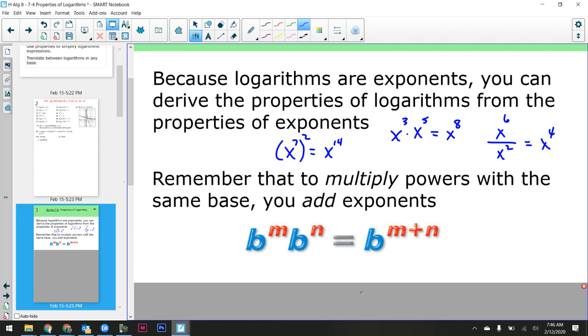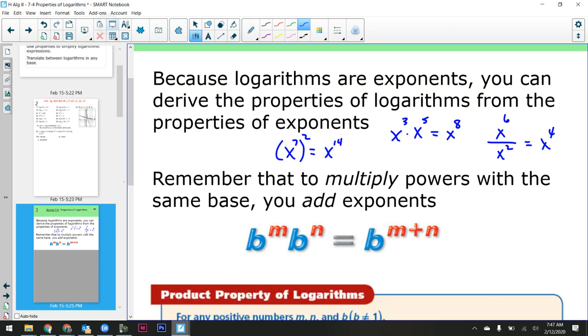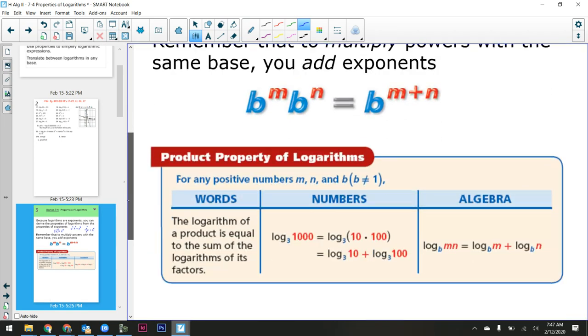B to the m times b to the n is equal to b to the m plus n. Okay, so I'm saying if I've got like bases, I am doing addition of exponents. Aren't logarithms equal to exponents? Yes? Logarithms are exponents. So I must have to do something with logarithms.